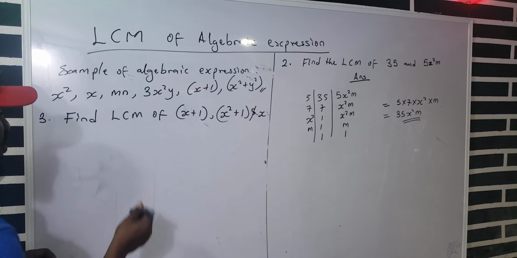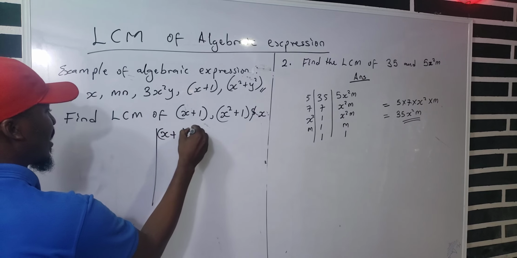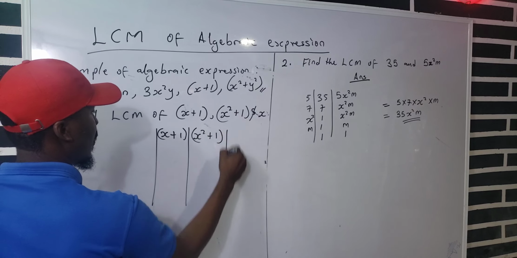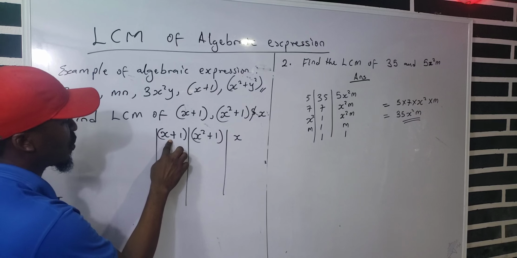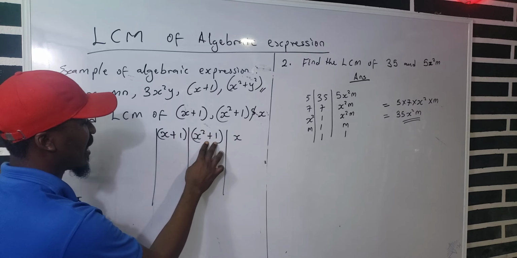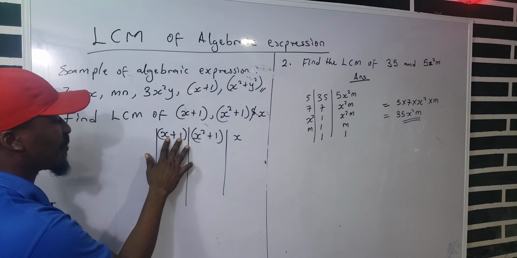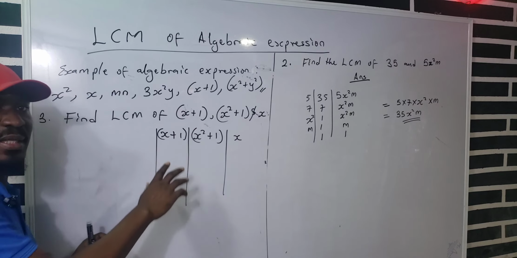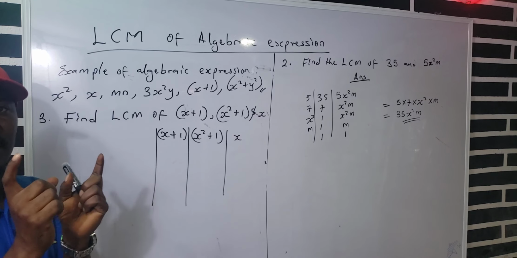It's the same thing. So we ask ourselves, do we have anything that can divide all these? Is there anything that we can use to divide this that can also divide this that can also divide this? Remember, when you have an expression in a bracket, it is seen as a single number, it is still a unit.